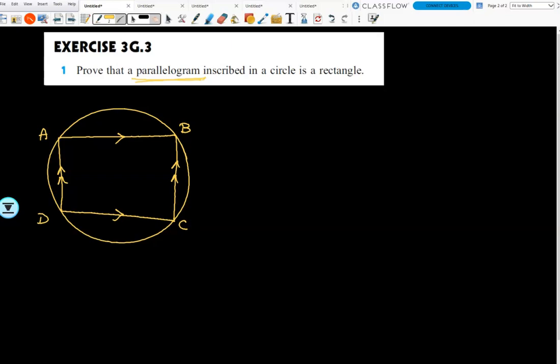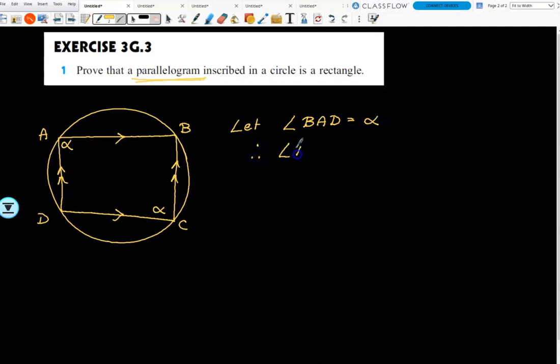So we would start by saying, well, I'll leave you the proof, but if we said let that one be alpha, then we're saying that that one is also alpha, aren't we? Because it's a parallelogram. So let's write that down. Let angle BAD equal alpha.